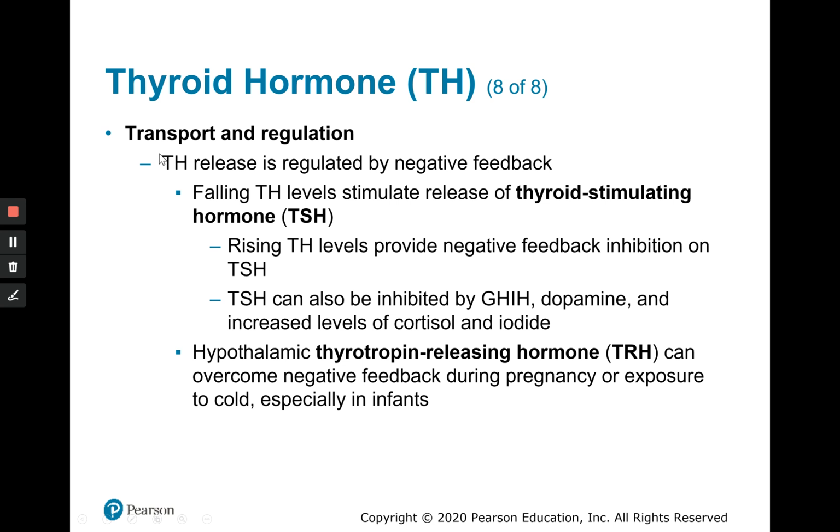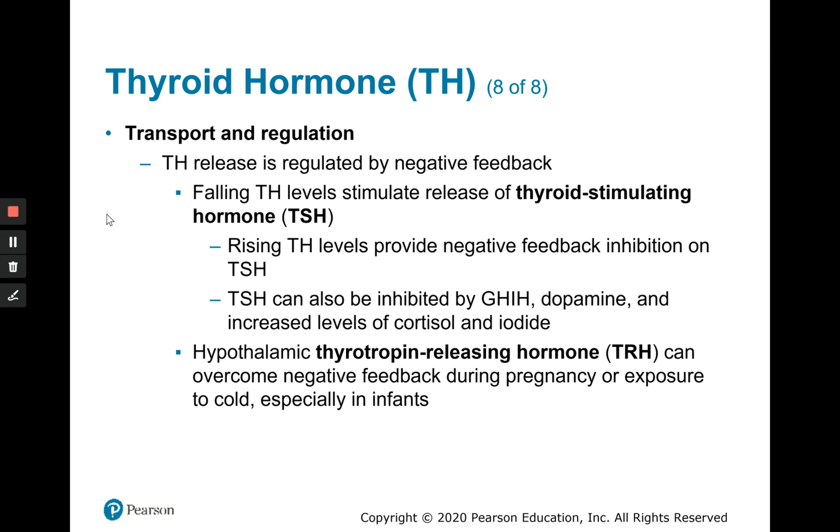Thyroid hormone release is regulated by negative feedback, and if this is looking familiar, we did touch on this in Part A of the Chapter 15 PowerPoint. So this should be a review, but falling thyroid hormone levels would stimulate thyroid-stimulating hormone to be produced by the anterior pituitary, and then once thyroid hormone levels have risen, there'd be negative feedback on the anterior pituitary and sometimes also the hypothalamus to prevent further production of thyroid hormone and thyroid-stimulating hormone.